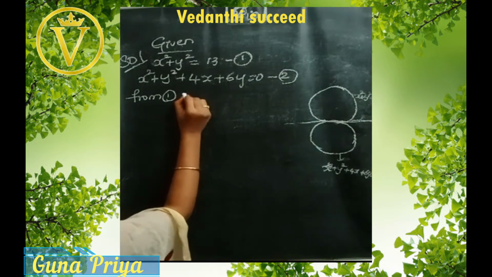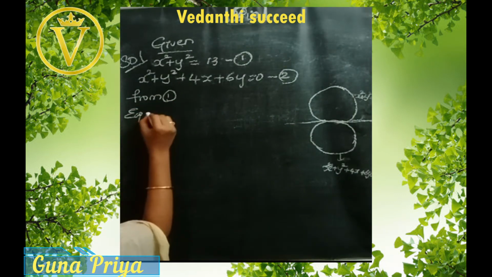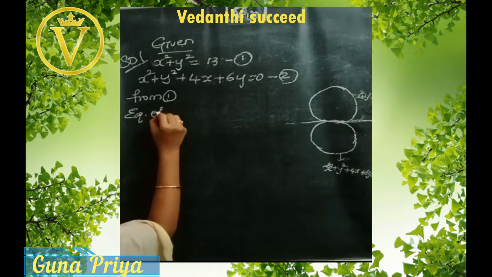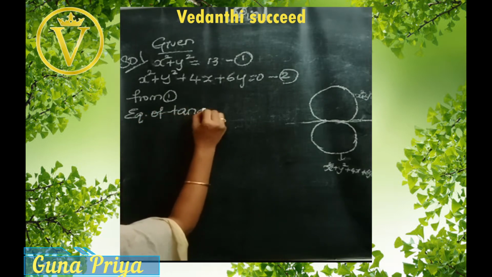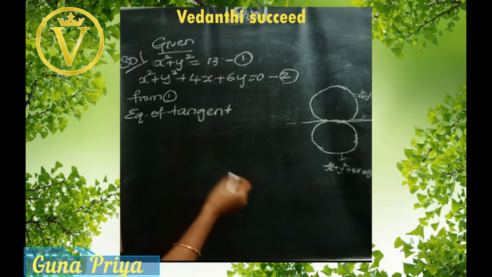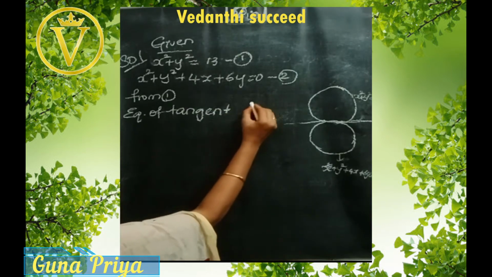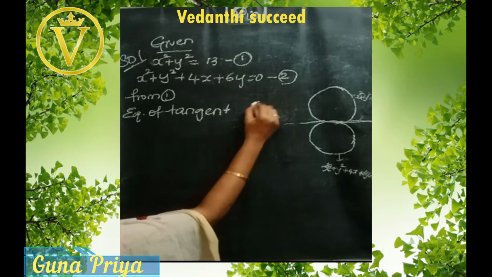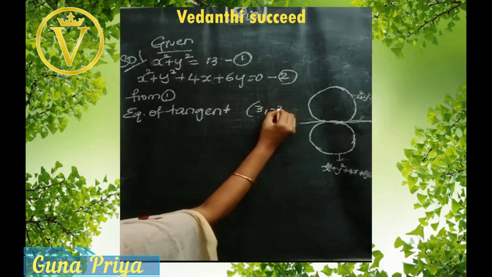So from the first equation, the tangent, they have given one point, that is (3, -2).